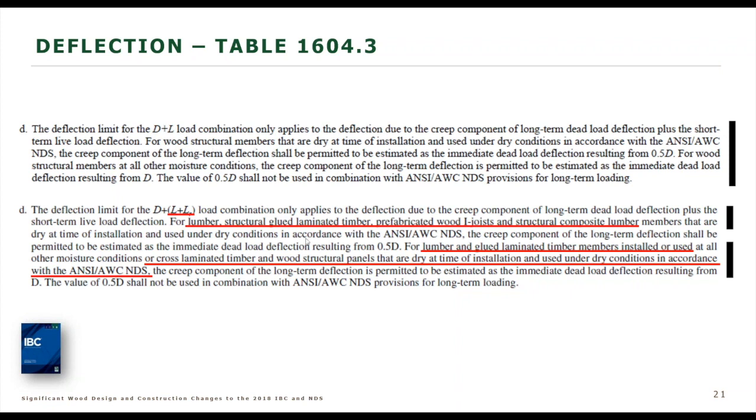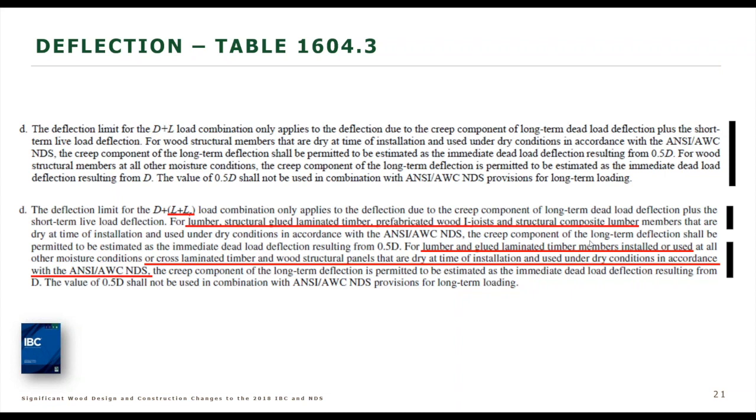To clarify that, it expands this and says for lumber, structural glue laminated timber, I-joist, and structural composite lumber that are dry at time of installation and under dry conditions of use, the creep component for long-term deflection shall be permitted to be estimated at 0.5 times the dead load.